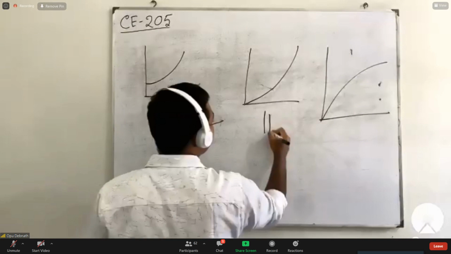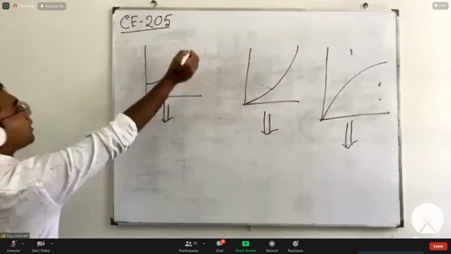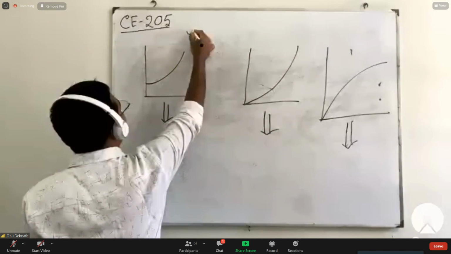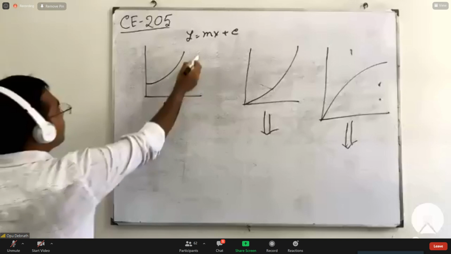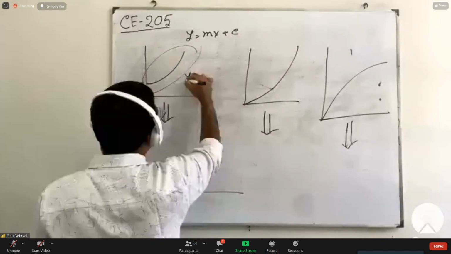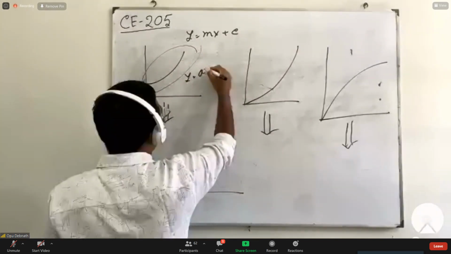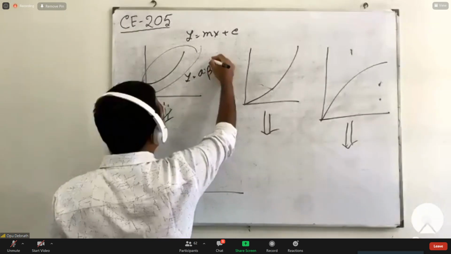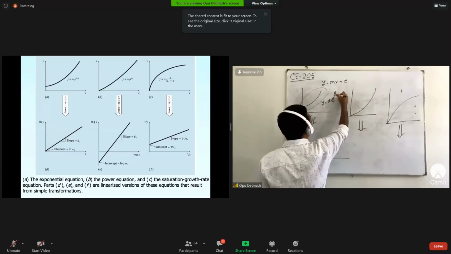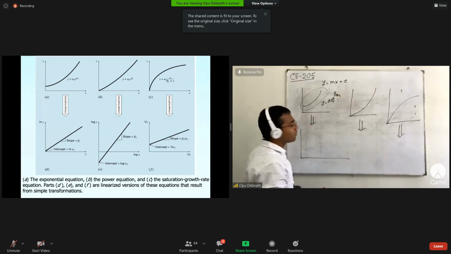Suppose we know how to do linear regression, like y is equal to mx plus c. So if I can convert these graphs to a linear line, like suppose it is a logarithmic function, that means y is equal to alpha e to the power beta x.